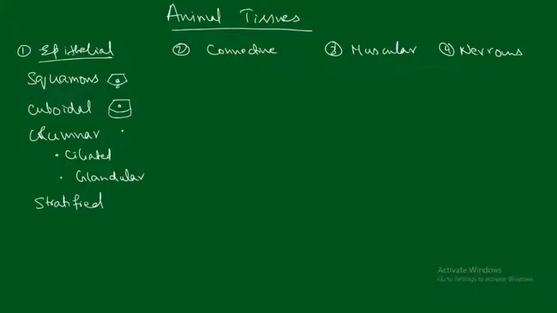In the columnar cells, the depth is increasing further, more in depth. Under the columnar cells we have the ciliated, and ciliated is most common in the trachea.